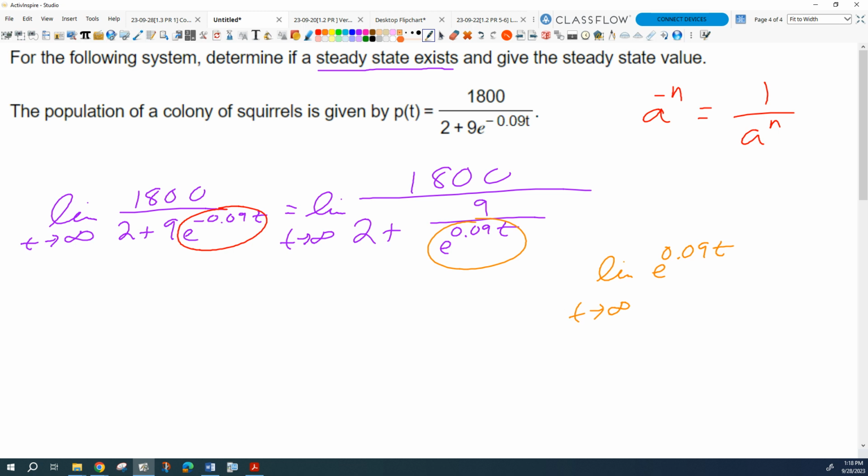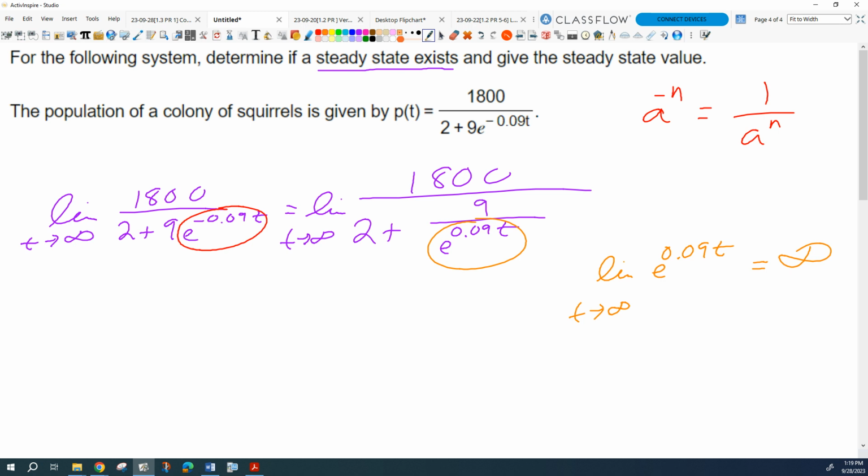If I take some number pushing 3 to an infinitely large exponent, what's the outcome going to be? Infinitely large, right? Let's just make it 3. 3 to the 10 is enormous. 3 squared is 9, 3 cubed is 27, 3 to the 4th is 81, 3 to the 5th is 243. It's grown pretty big, right? If we take e to a huge exponent, I'm clearly getting infinity for an answer.